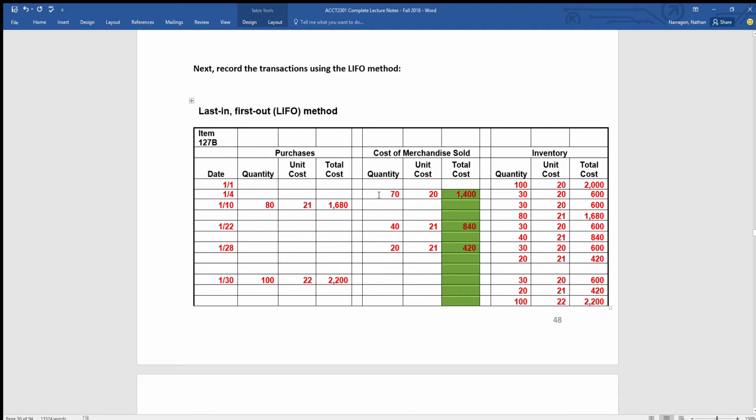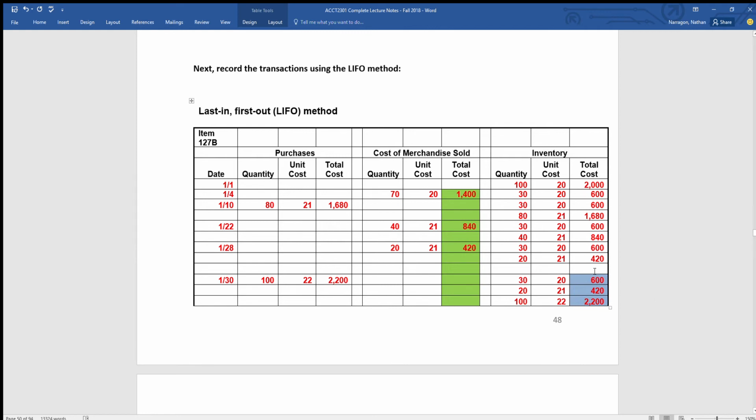After we've done 70 times 20, 40 times 21, 20 times 21, and boom, that's going to give us our cost of goods sold. And again, now that we have three on our last transaction, this is going to be my ending inventory. Wherever is in this column in the last transaction has my ending inventory.